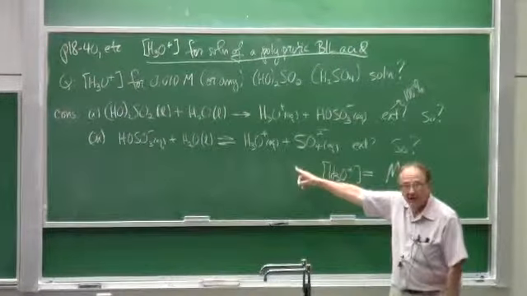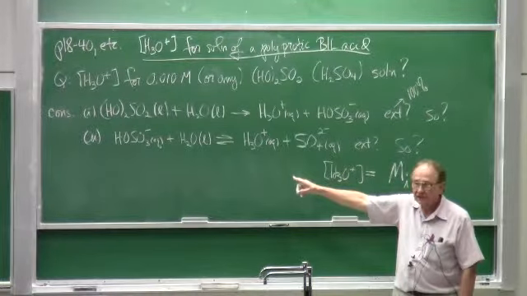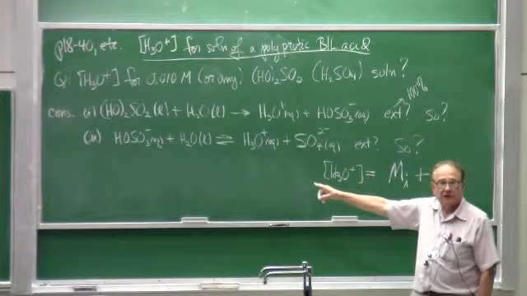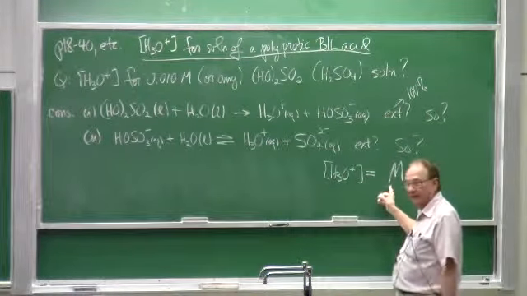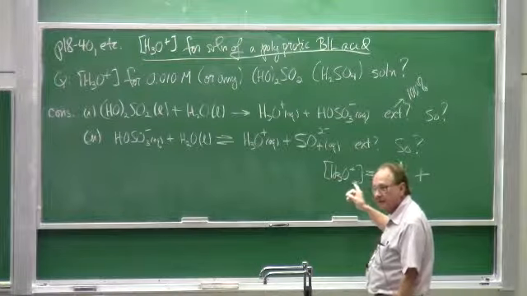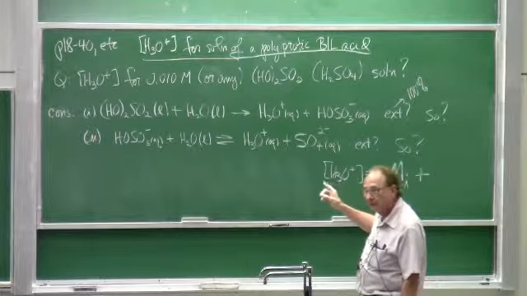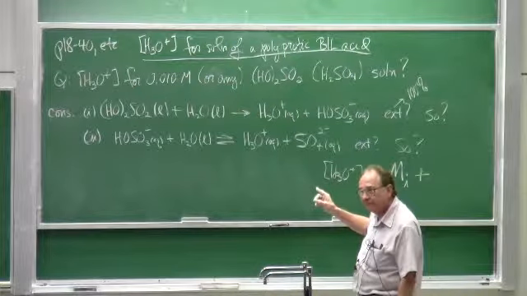But it's likely this second reaction is going to go to a measurable extent, which makes the hydronium ion concentration get bigger than M sub I. By how much? Don't call it X. I want it spoken of chemistry-wise.